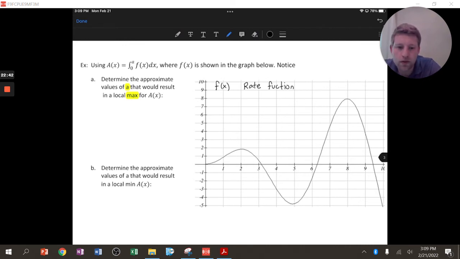So we know that whenever our rate goes from a positive to a negative, that creates some maximum. So one way is to just consider, where does this rate function go from a positive to a negative value, go from increasing to decreasing there.